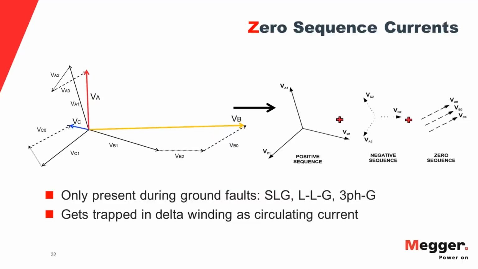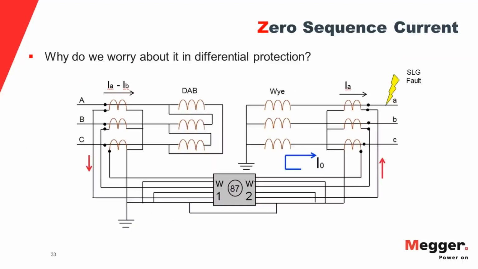You would only experience zero sequence currents flowing on the secondary side of the transformer. On the primary side, there would be no flow, because if you remember, I talked about zero sequence currents only flowing when there is a ground fault. And the second property was it gets trapped in a delta winding. So the primary side has a delta winding, which will not produce the zero sequence currents on the line side.